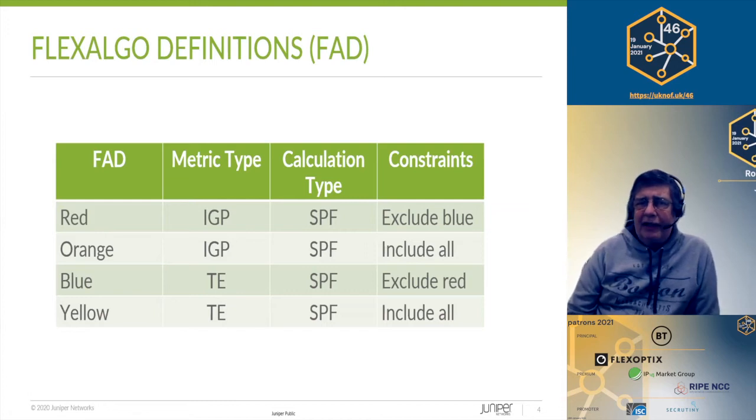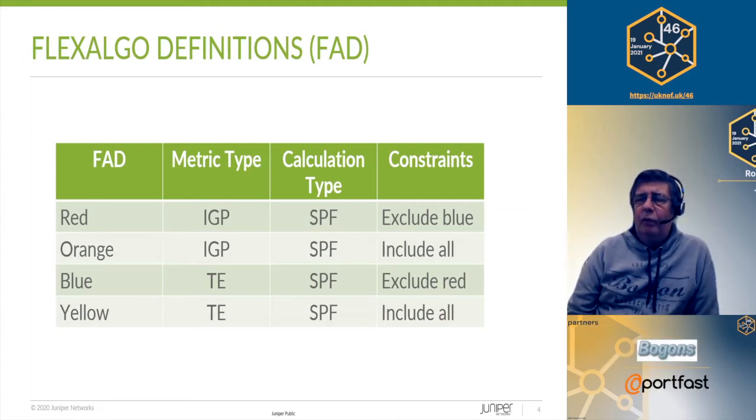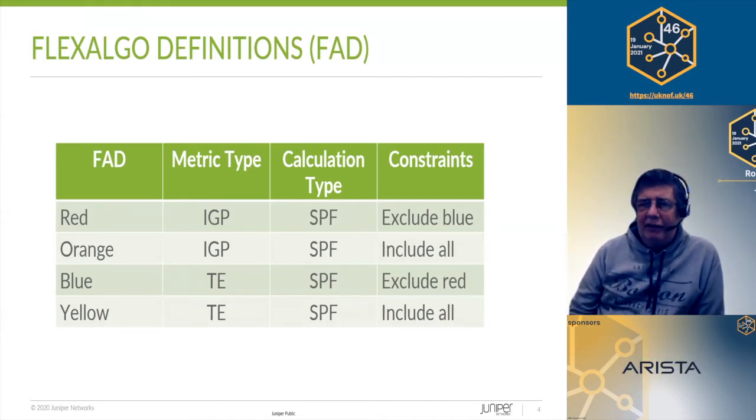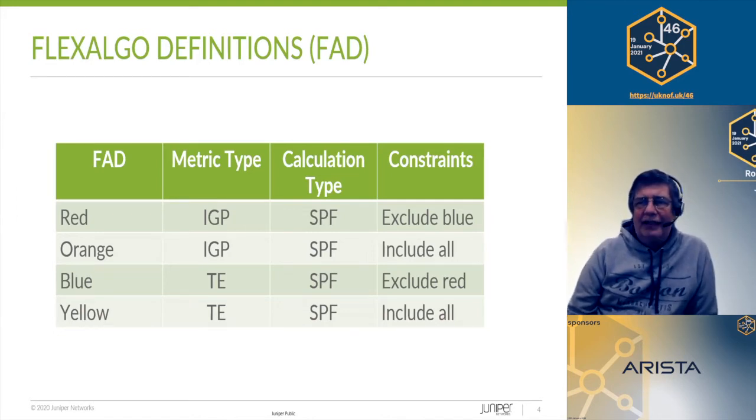And each Flexalgo definition has a constraint. For instance, red excludes blue. So when any node calculates the path to R4 using the red algo, it will make believe the blue links aren't even there.